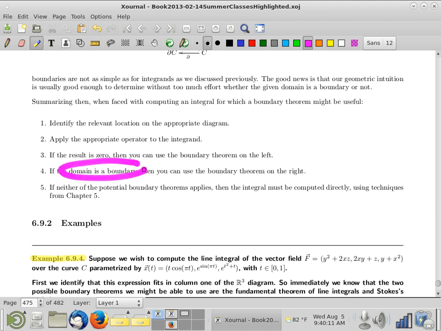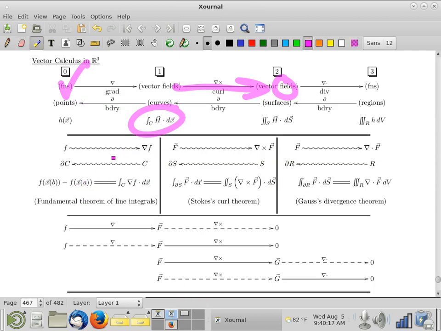If your domain is a boundary, then you can use the theorem on the right. So going back to the diagram, if the curve that you're given is a boundary of some surface. Now again, usually with boundaries, this is something that you're going to determine kind of geometrically, given the curve.